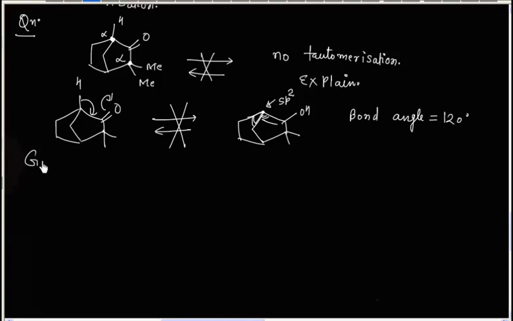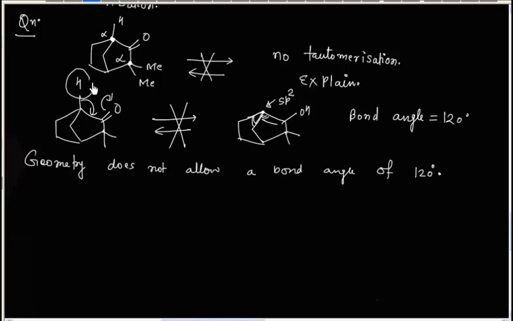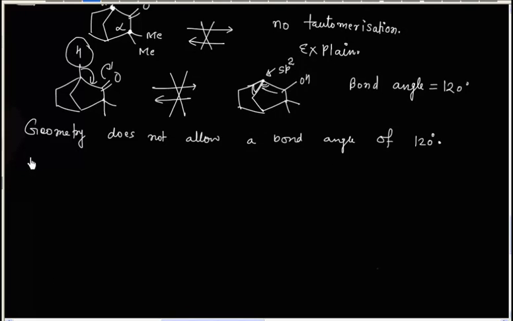So geometry does not allow a bond angle of 120 degrees. So we can say any hydrogen that is at a bridgehead position will not participate in tautomerization.